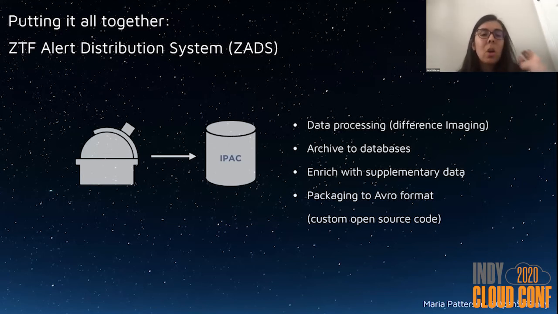So we have a telescope. It's going to send all of the data to this place called IPAC, which is a NASA center, and that does the data processing and figures out the image differencing and detection of the sources, archives to a database, and then you can enrich the data with new parameters from catalogs of what you know about an object.